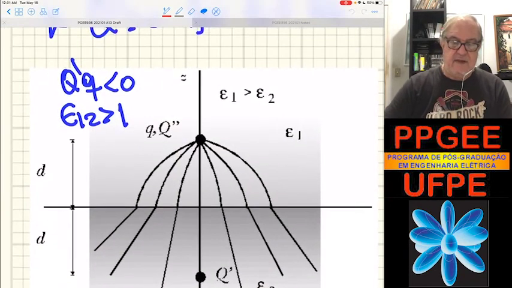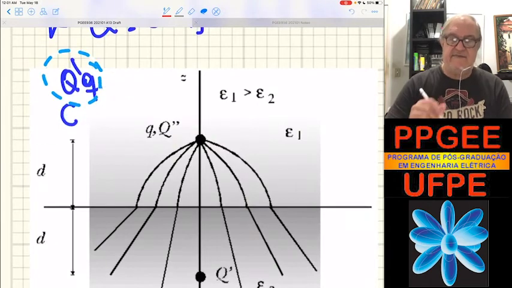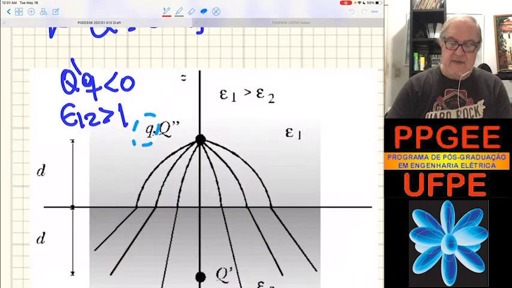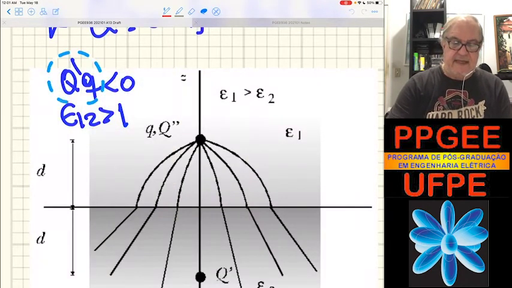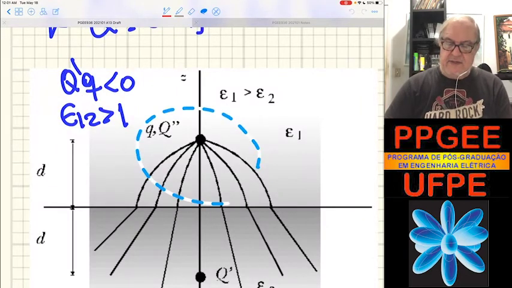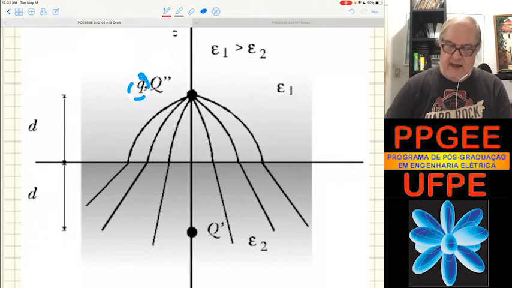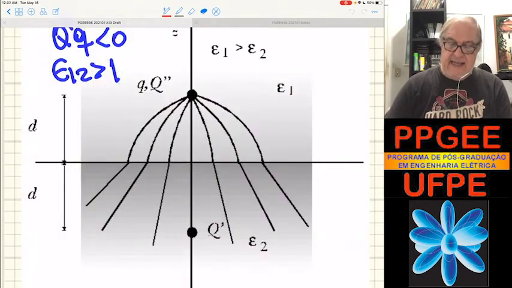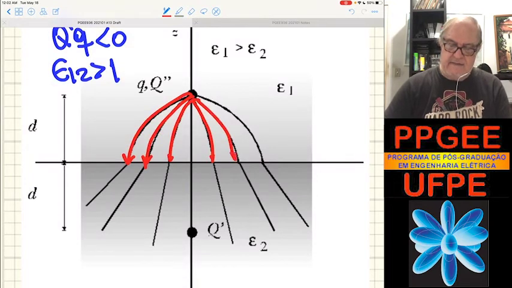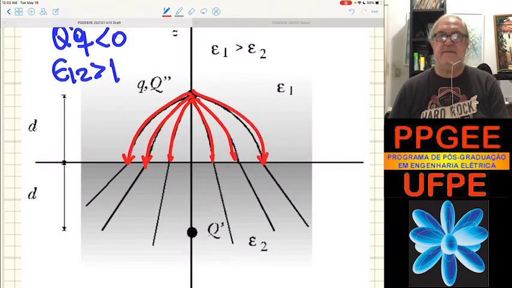Okay, q prime times q has a negative sign. Let's assume that q is positive, so q prime is negative. So the problem in this region here is that due to q and q prime, so the lines are going to curve toward q prime, like this, right?